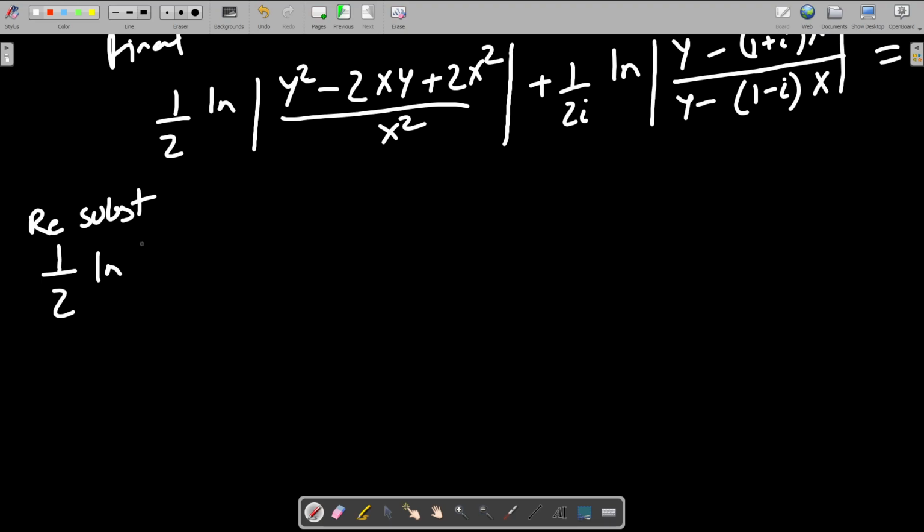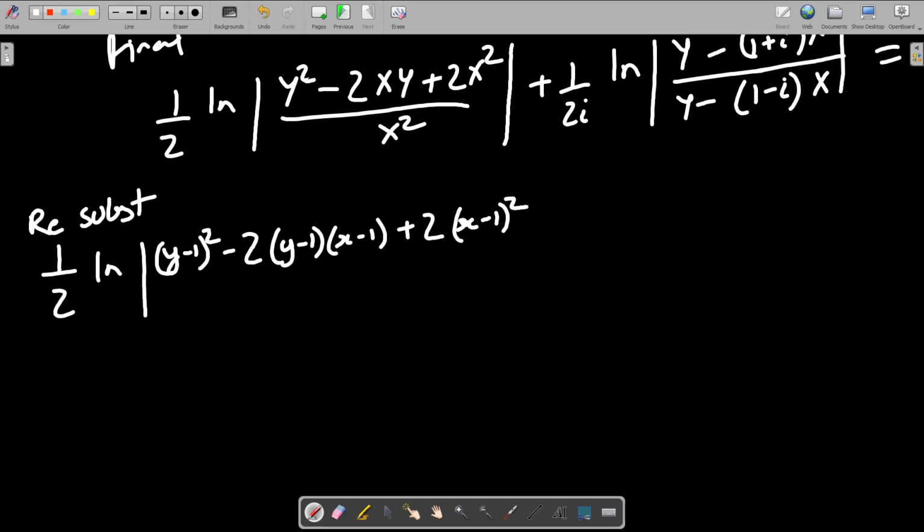this will be half times ln of small y minus 1 the whole square minus 2 times small y minus 1 small x minus 1, okay, plus 2 capital X, that is x minus 1 the whole square.